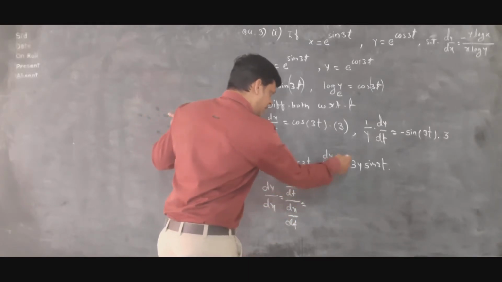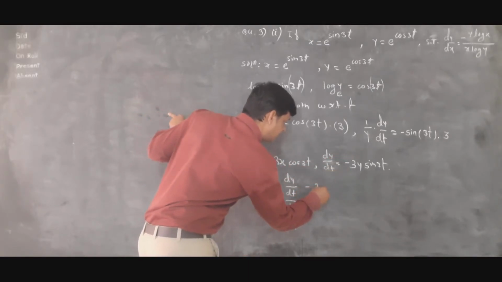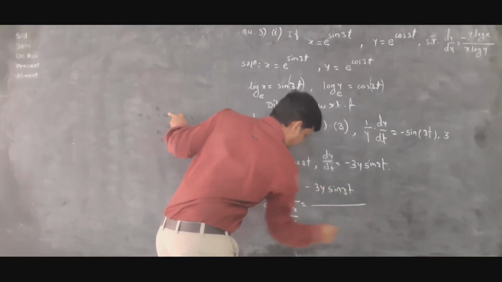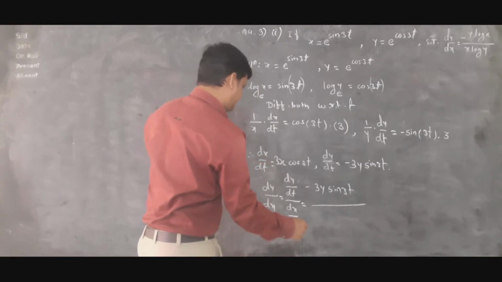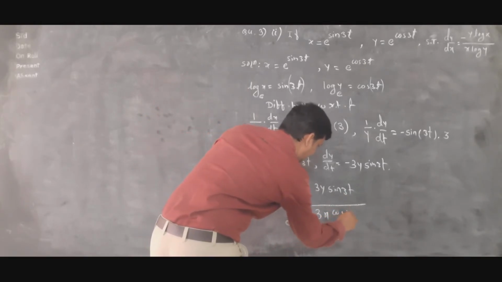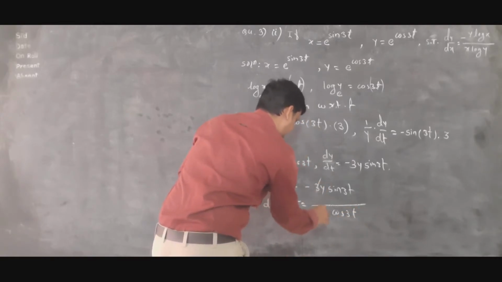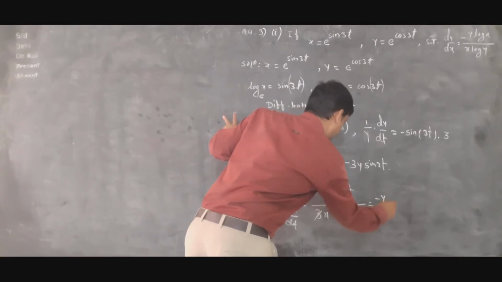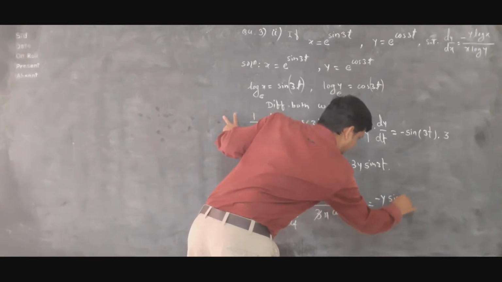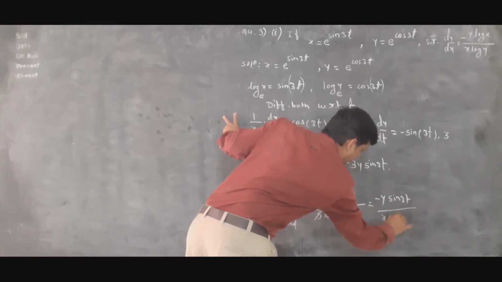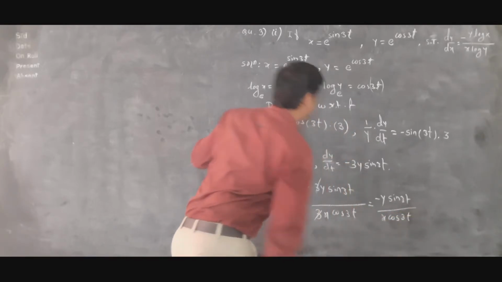So dy by dt is minus 3y sin 3t and dx by dt is 3x cos 3t. Now this 3 gets cancelled. We write this as minus y sin 3t upon x cos 3t.